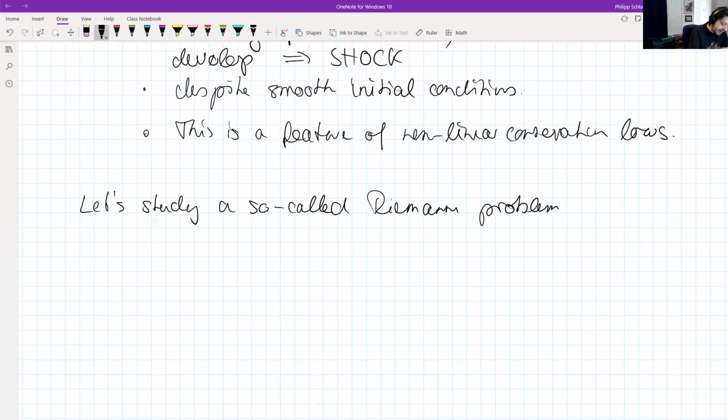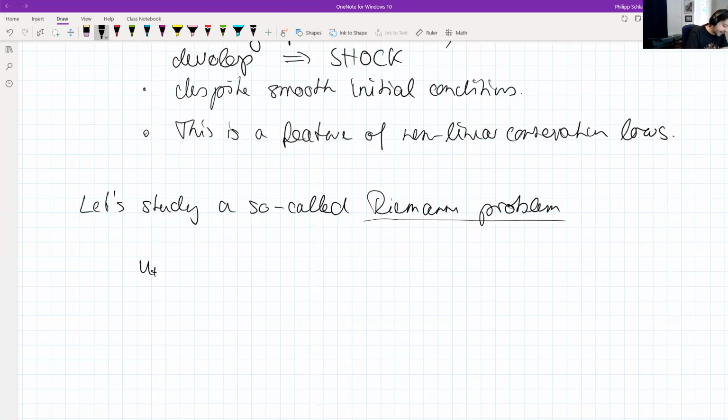This is just a name that has become common in the study of these nonlinear conservation laws, which just means that we isolate the region around the discontinuity and we see what happens depending on how this discontinuity looks like. So I'll tell you in a second what this is all about.